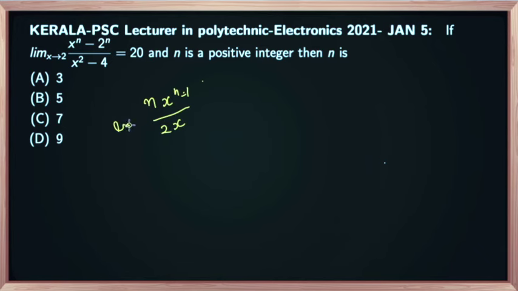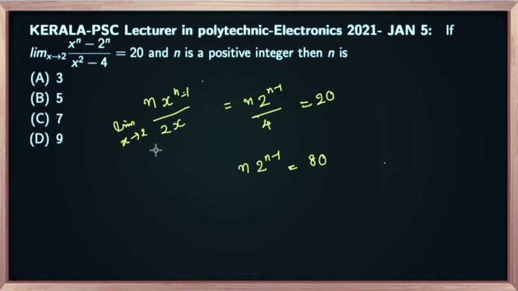Now you put limit x tending to 2, okay, what you get as the answer will be n into 2 raised to n minus 1 whole divided by 2 into 2, which is 4, right? And this is given to be 20, correct? So I can write n into 2 raised to n minus 1 equal to 4 into 20, which is 80.